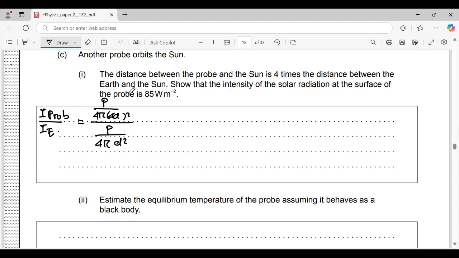The numerator is the intensity of the probe and the denominator is the intensity of Earth.